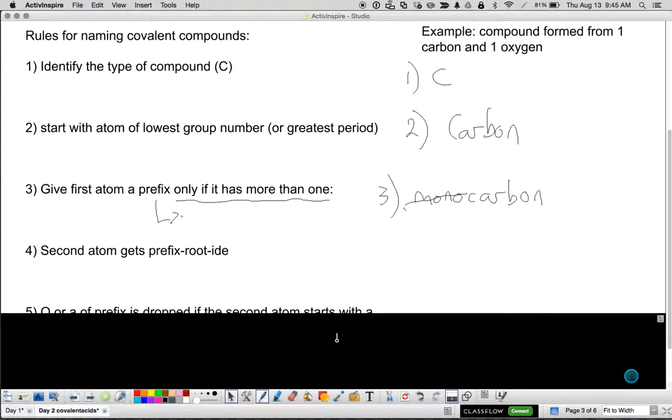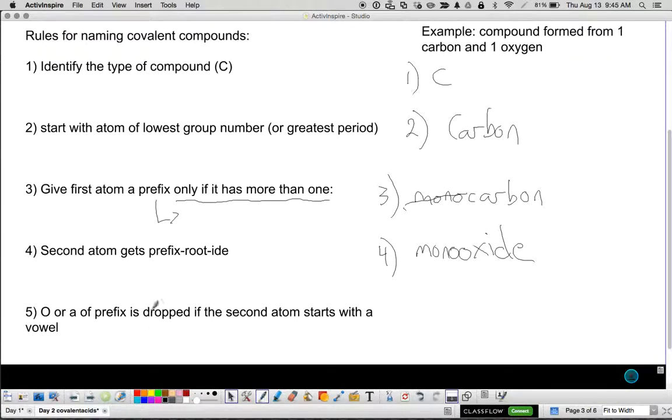Okay, now the second atom gets prefix, root of the element, and then IDE. So this root IDE we saw before. Now we just add in the prefix. So that would be mono and then oxide. However, the O or A of the prefix is dropped if the second atom starts with a vowel.